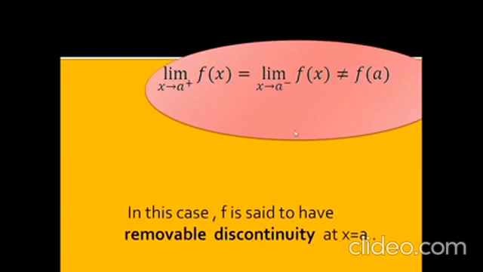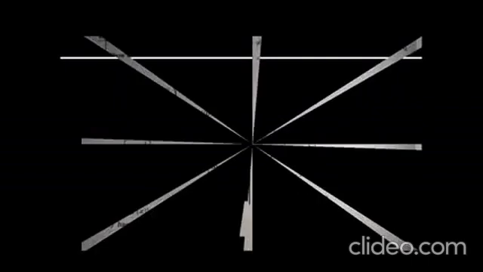For removable discontinuity, we have to write that the left hand limit is equal to the right hand limit, but it doesn't equal f(a). If the limit exists, but its value is not equal to the value of the function at the point a, we say it has removable discontinuity at x equal to a. We can easily understand removable discontinuity by this example.